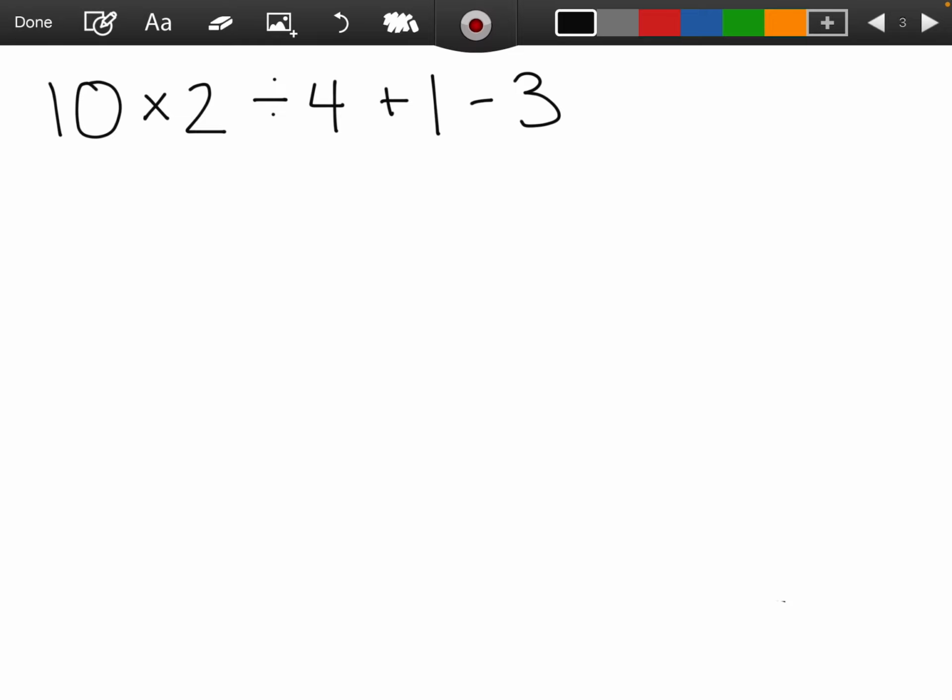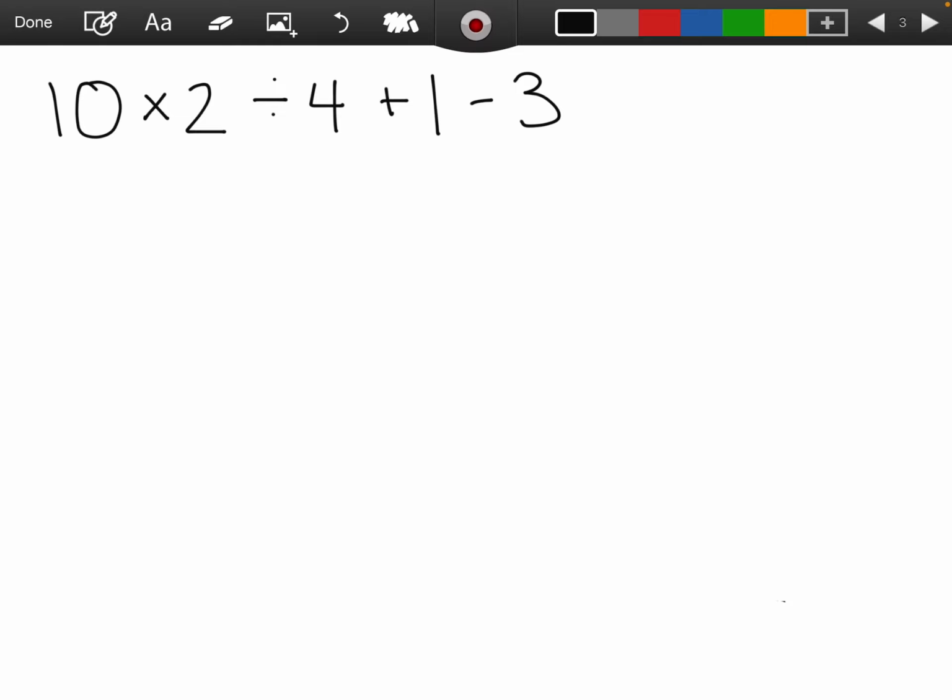So another example, we have 10 times 2 divided by 4 plus 1 minus 3. Again, any parentheses or brackets? No. Any exponents or roots? No. So we move on to multiplication and division. So we see one multiplication and one division sign. So since the multiplication comes first, from left to right, that's what we have to do first.